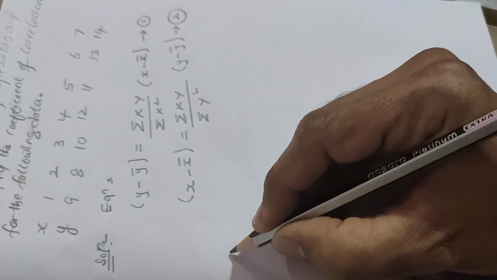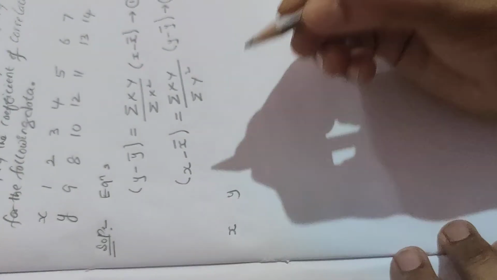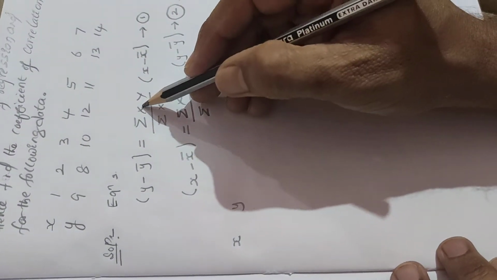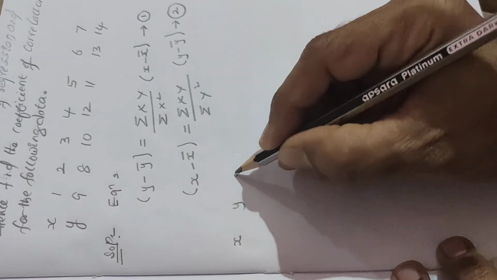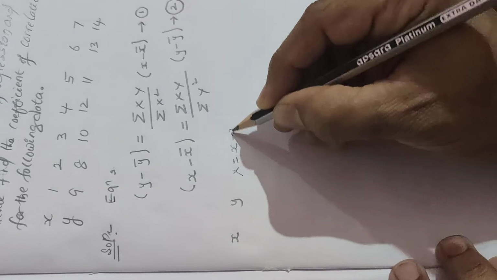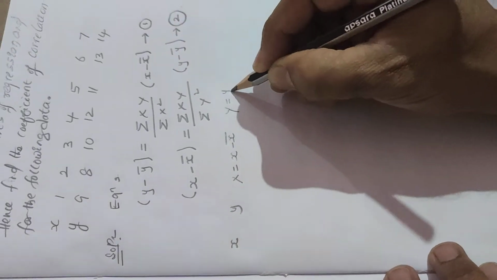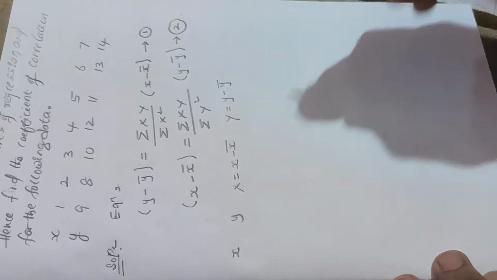Now according to this, we'll do the example table. I'll write the values of x first, then the value of y. As you see, I want capital X. As we discussed in the last class, capital X is nothing but x minus x bar. And I want capital Y, that is nothing but y minus y bar.